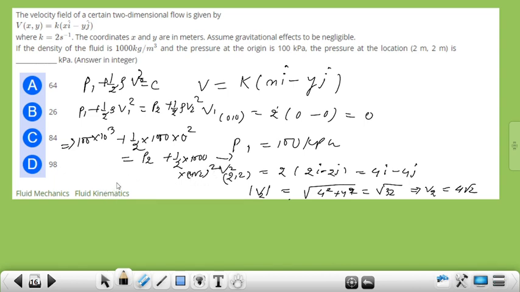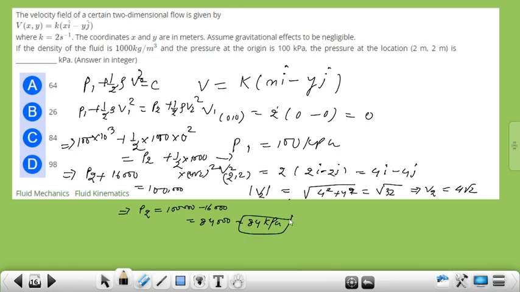So after calculating we get p2 plus 16,000 is equal to 1 lakh. P2 is equal to 1 lakh minus 16,000, which is equal to 84,000, which is equal to 84 kilopascal. Option C is the correct answer.